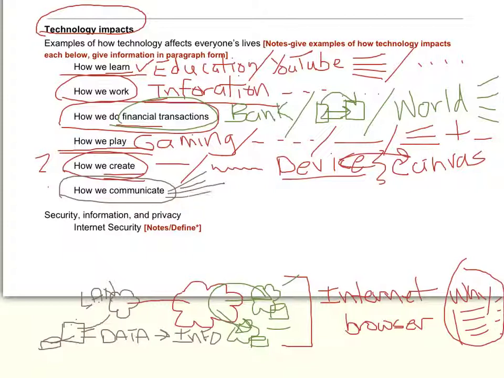The whole world of texting, email, blogging, Wikipedia, and social networking. Social networking has become a huge way to communicate. You know, how do you share some pictures and so forth?